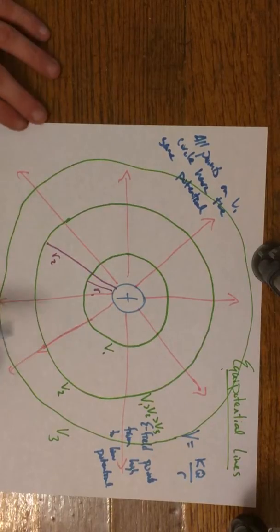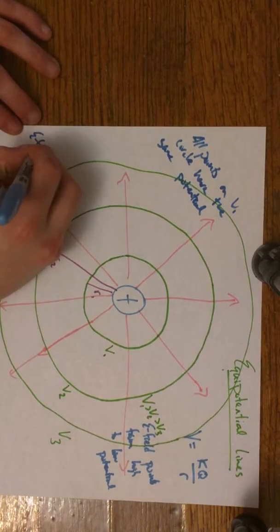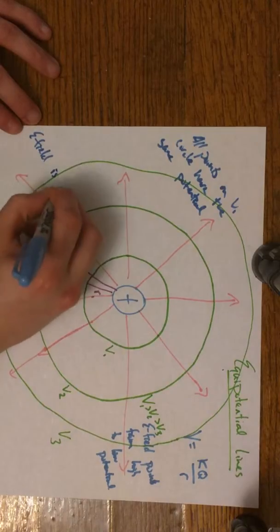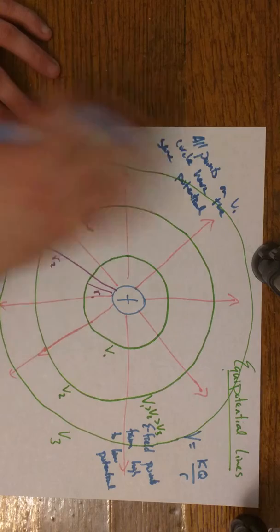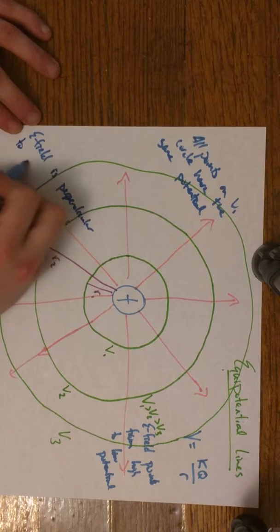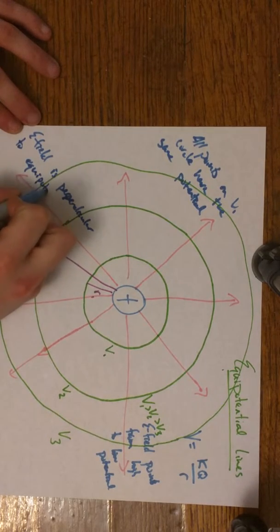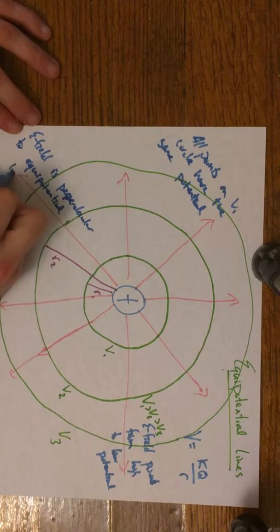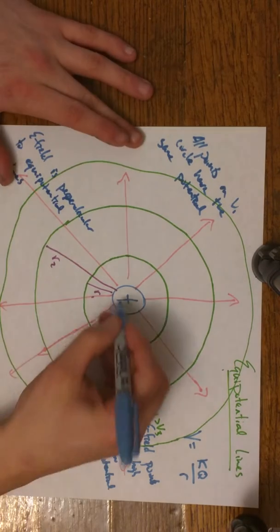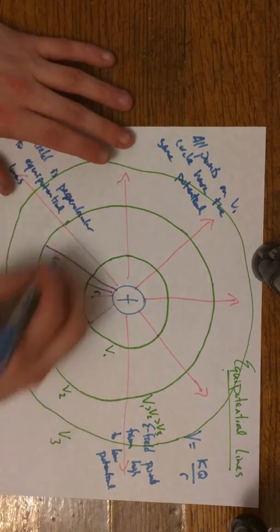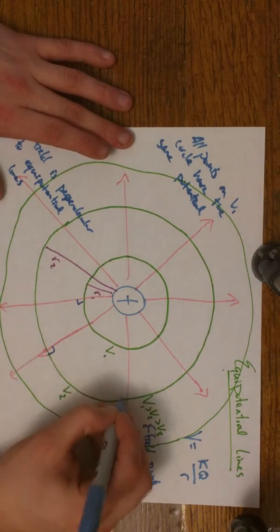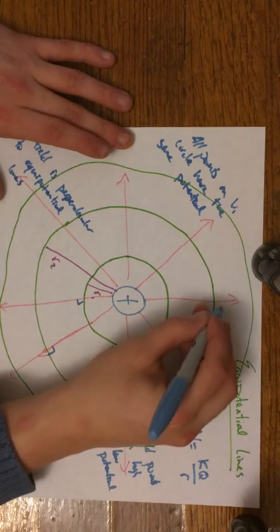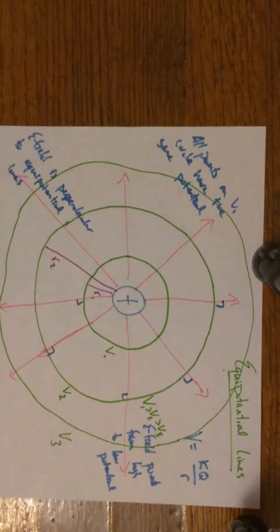The last thing to note is that the E field is perpendicular to equipotential lines. Okay, check this out. I've got my E field lines in pink. I've got my equipotential lines in green. And these two lines are perpendicular to each other always.